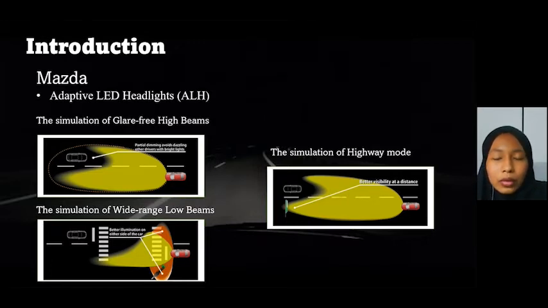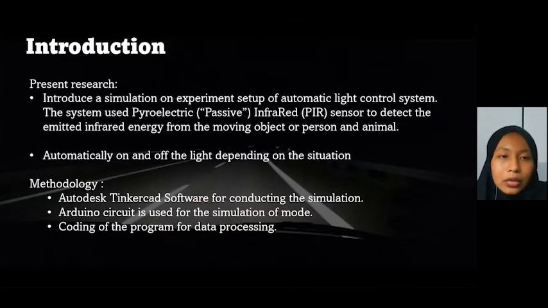Next, for an overview of our present research, we are introducing a simulation on an experiment setup of an automatic light control system. The system uses a pyroelectric passive infrared (PIR) sensor to detect the emitted infrared energy from a moving object, person or animal. The system will automatically switch the light on and off depending on the situation. In this research, the method that we use is the Autodesk Tinkercad software.